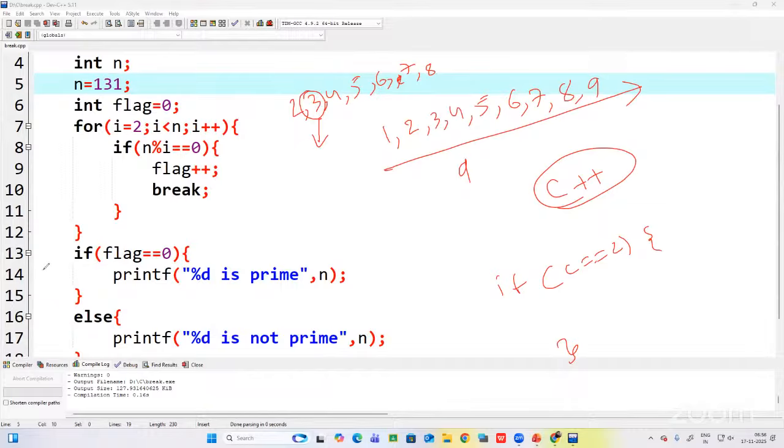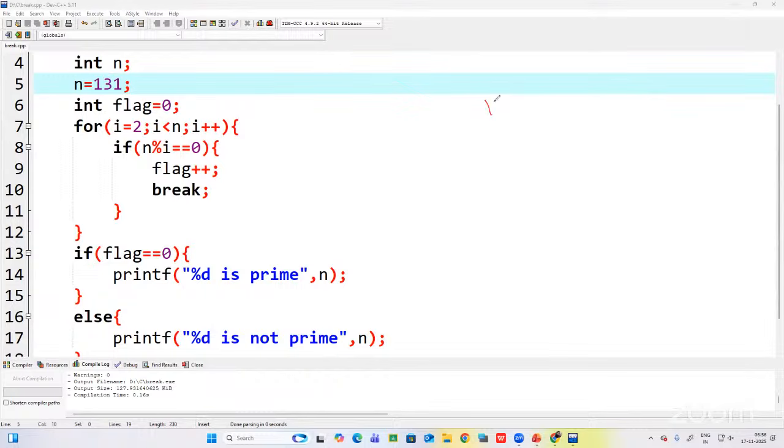If you consider the example of 13, you'd still run 11 times. 2, 3, 4, 5, 6, 7, 8, 9, 10, 11 and 12. You'd run for 2. 2 is not a factor. 3, 4, 5. These all will be run. Right? So again, you may feel that this is not efficient. So you must think, is there a way that I can simplify this?